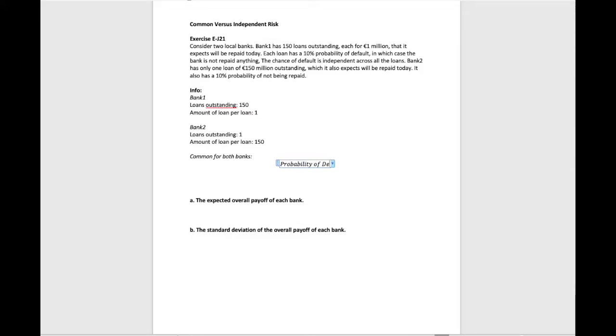Probability of default is 10%, and the probability of being paid back would be the opposite of that: 1 minus the probability of default is the probability of being paid back, which would be 90%.